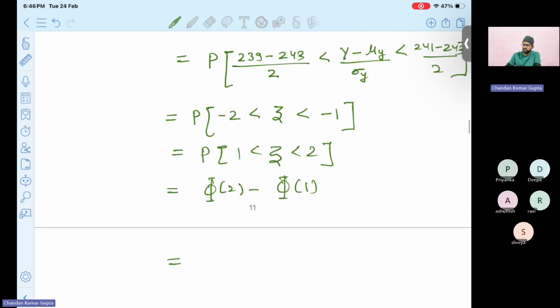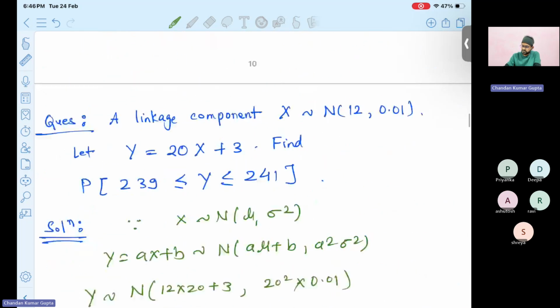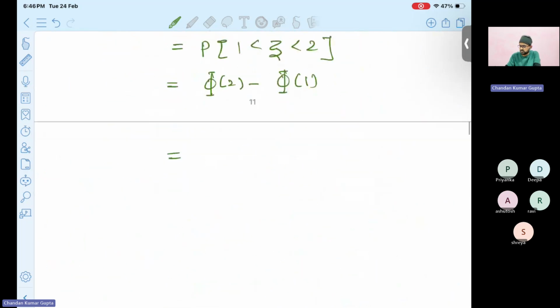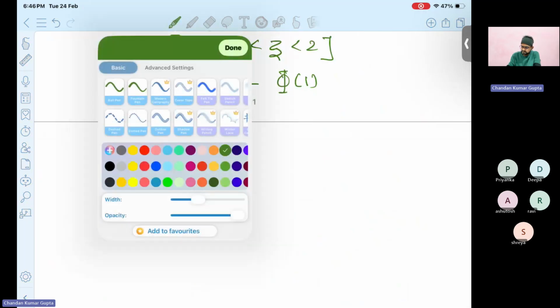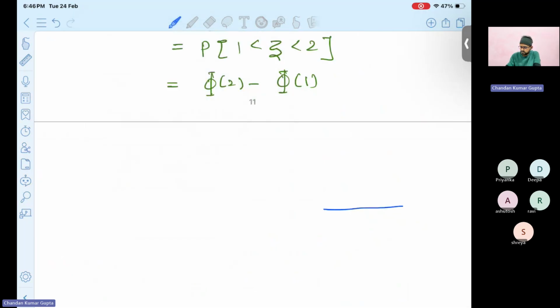Let me draw a curve here, with points 1 and 2.